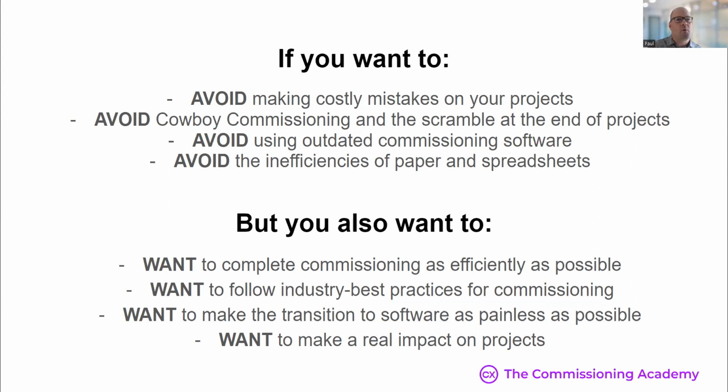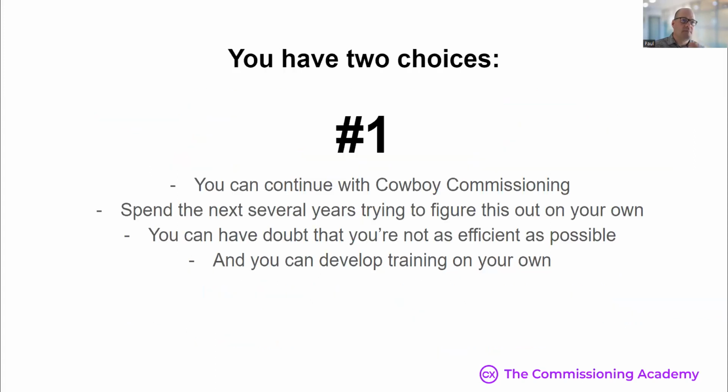Of course, we all want to do this, and I'm sure you want to complete commissioning as efficiently as possible. You want to follow industry best practices, and you want to make the transition to software as painless as possible. You don't want this to be a 2-year process of developing and rolling this out to your team, and you want to make a real impact on projects by improving your systems and processes.